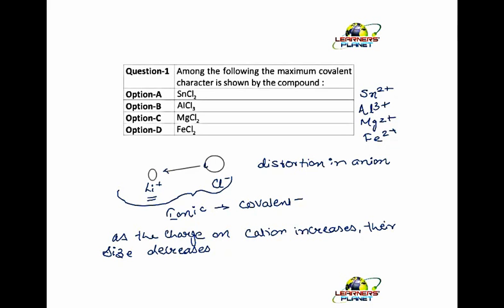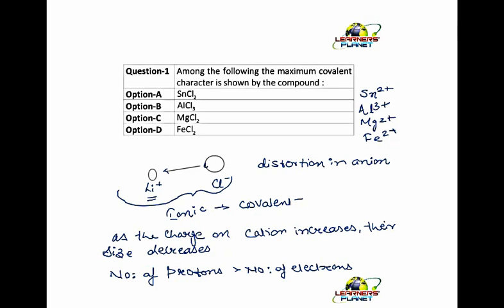Do I need to explain this? In a cation, the number of protons is more than the number of electrons, so the protons pull the electrons towards themselves, thus decreasing the size.